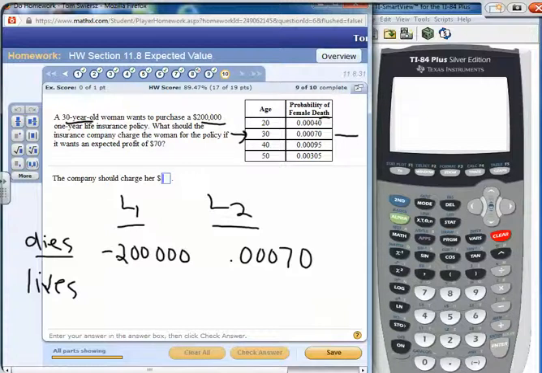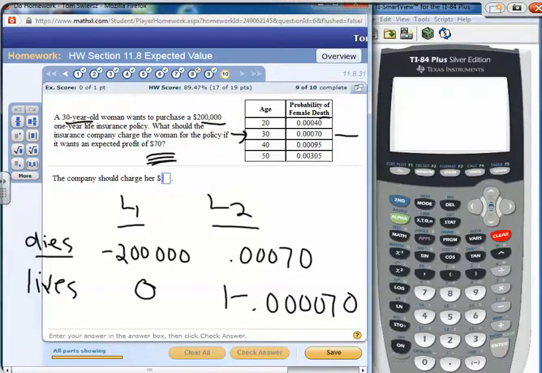If she lives, then the insurance company would have to pay out $0 because they only pay out if she dies. And this probability would be 1 minus 0.00070. Now again, we can put this in and get the expected value, but then we're going to add on an extra $70 to get their profit.